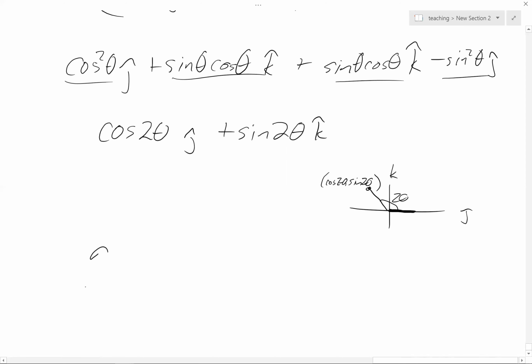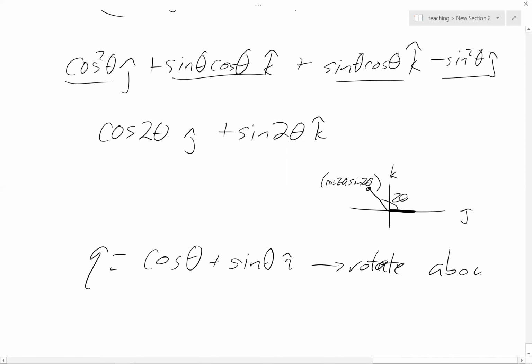So if I have Q as my cosine theta plus sine theta I, this one is rotate about the I axis, angle of, not angle of theta, but angle of 2 theta.